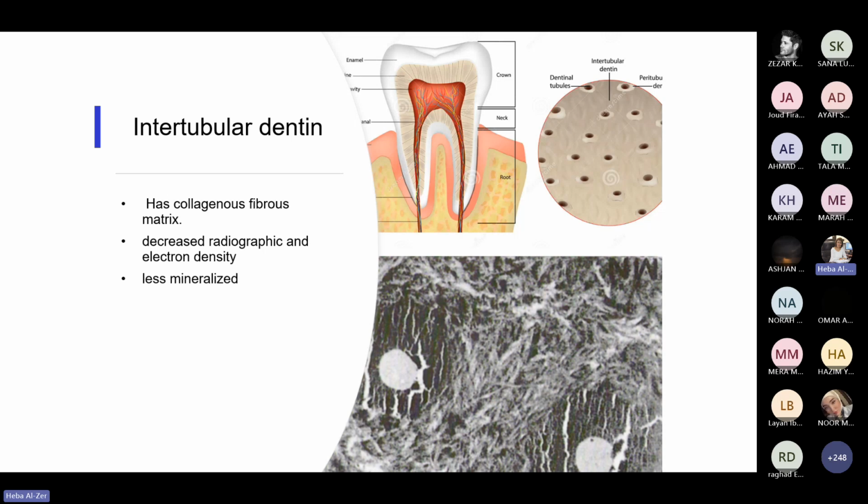It has less mineralization and less density than the peritubular dentine, as I have mentioned earlier. So is this section, as you can see, it's a demineralized section. I see amorphous collagen protein here, a little bit of it, while the intertubular dentine has a large matrix mesh of collagen fibers. This is, of course, odontoblastic processes.